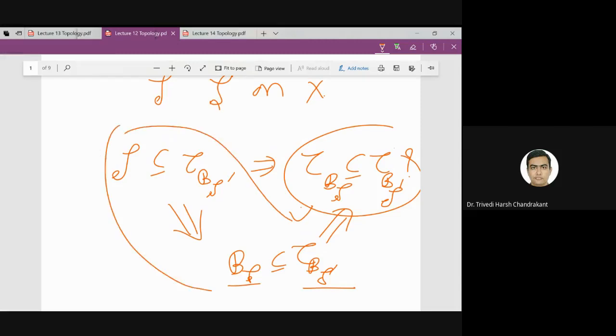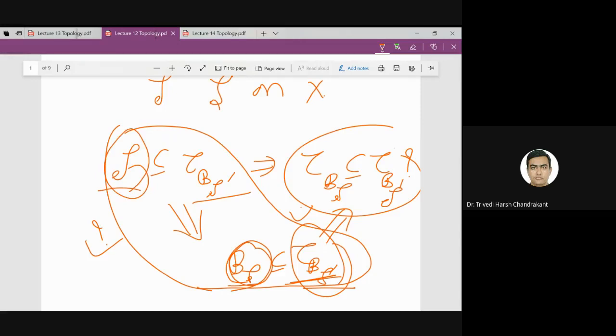So what will be used here? We know that the basis comes from the subbasis by taking finite intersections, right? And then we know that a topology is also closed under taking finite intersections. So therefore, if S is contained in this, then B of S is also contained here, because B of S comes as finite intersections of elements of S, and every topology is closed under finite intersection.